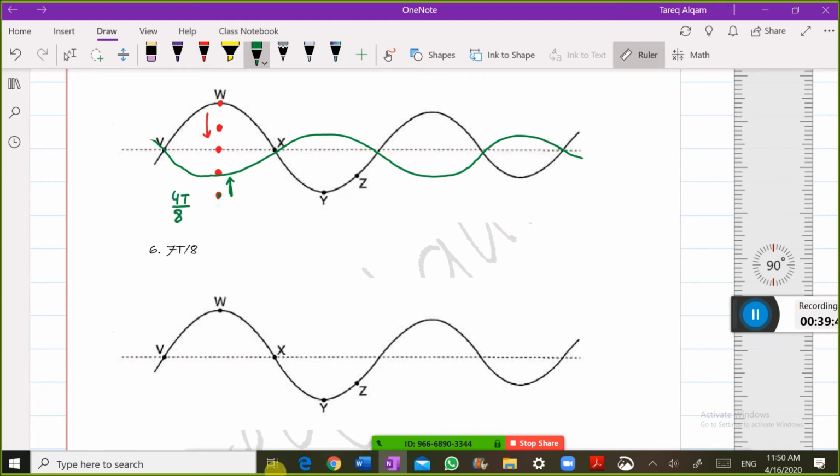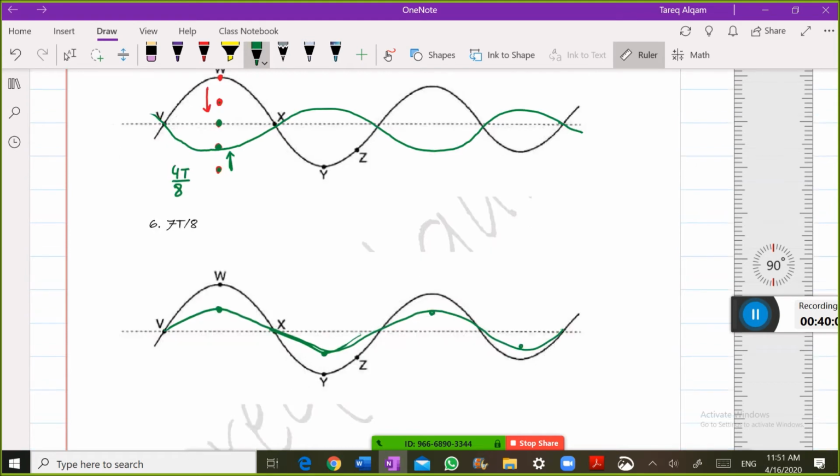So at 7T over 8, it will be here. The position of the string this way. So, guys, I have to follow this pattern, like what I wrote here.